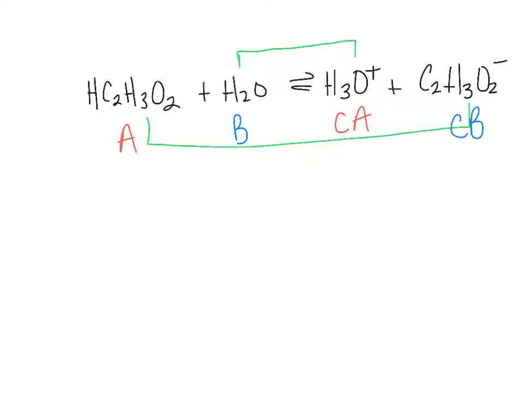Now, why are you believing me that C2H3O2 is a conjugate base? Because I'm the teacher. Do you not care whether or not I'm right? What will this do in water?